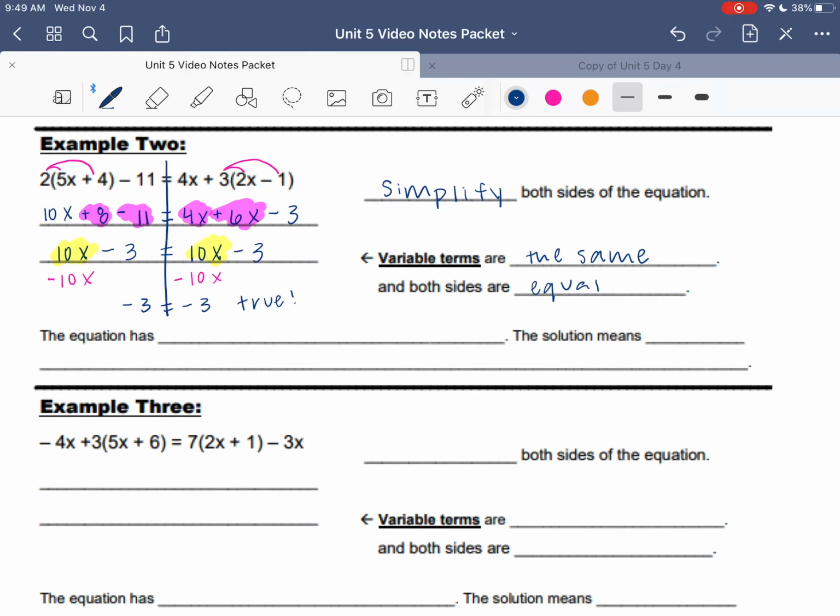When we get a statement like -3 equals -3, or when we notice that the equation is exactly the same on the left or the right, we call this infinitely many solutions. And sometimes you'll hear us shorten that to infinite solutions. So we would say this equation has infinitely many solutions.